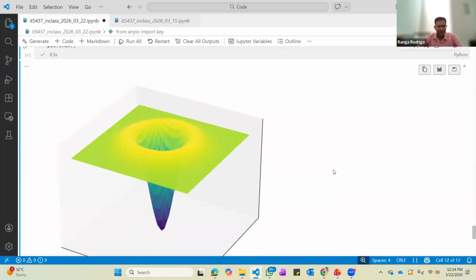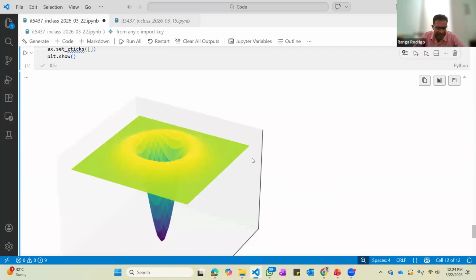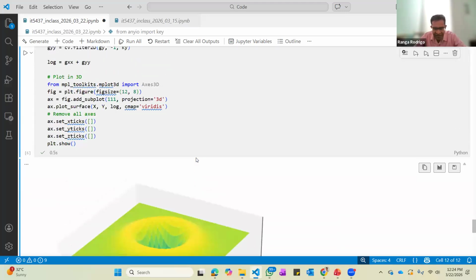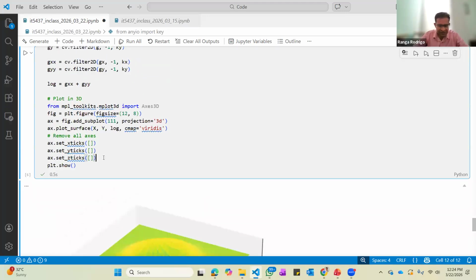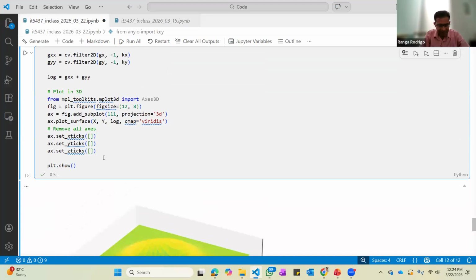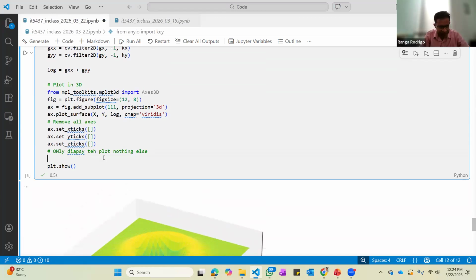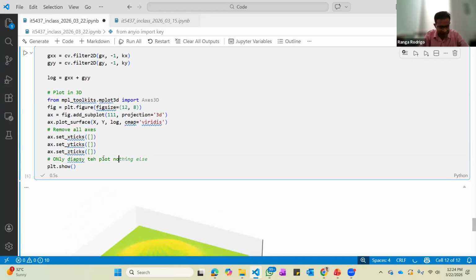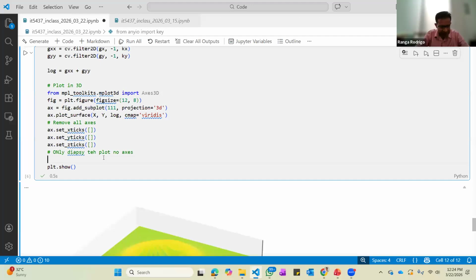So you can see the Laplacian of Gaussian, that shape that we wanted is there, but I want to get rid of this fully and clean it.